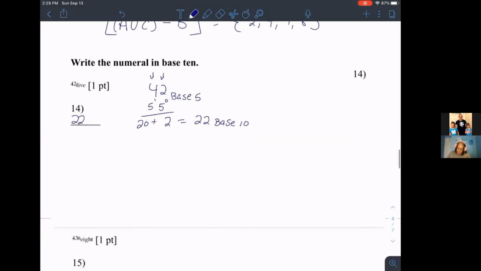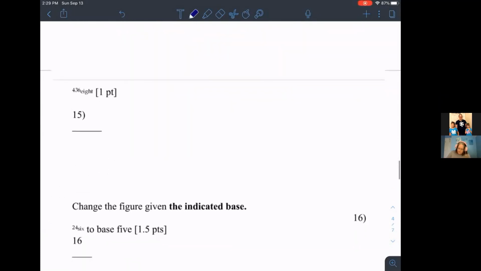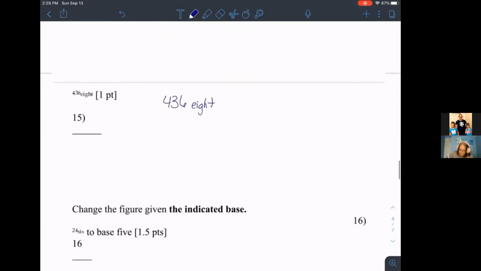Then number 15, we have 436 base 8, and we want to change that to base 10 as well. Same thing. We're going to take 6 times 1, which is 6. 8 times 3 is 24.